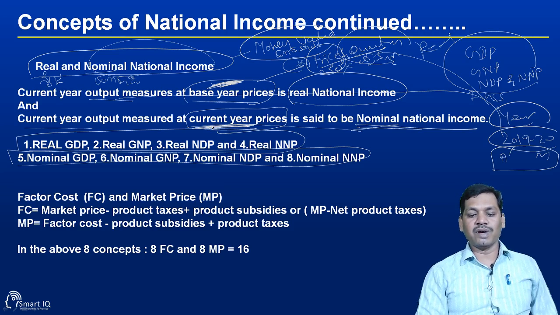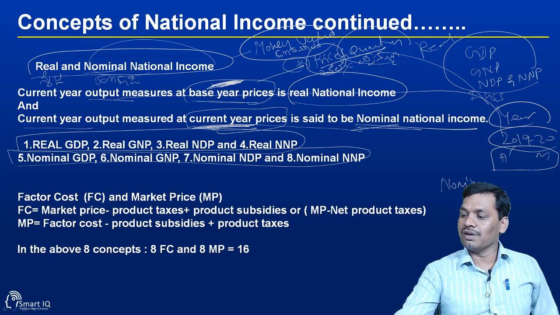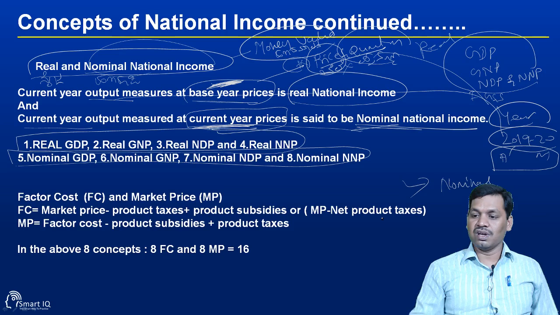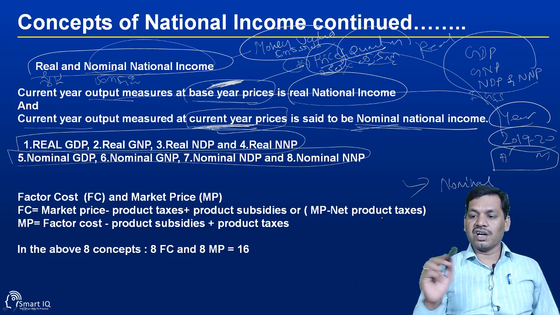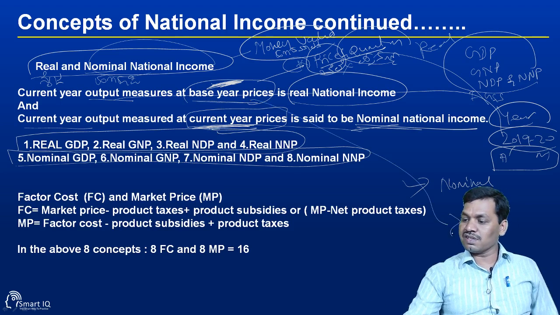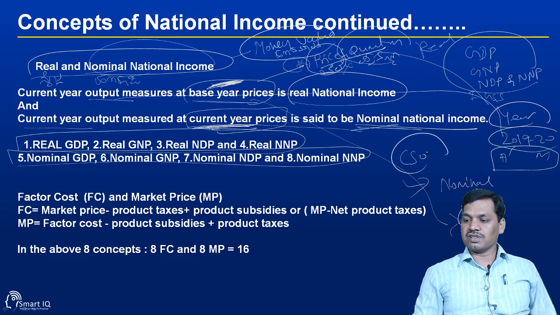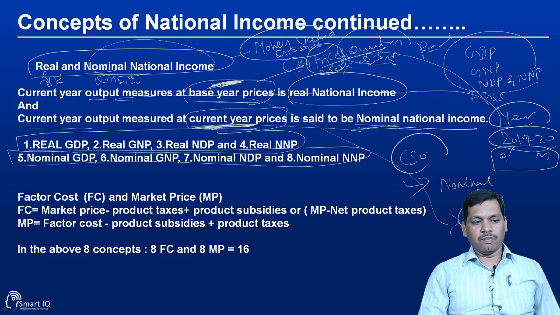Let me spend a few minutes on what exactly nominal price is. Nominal or current year price is the price prevailing in the same period, the present price. Base year prices are decided by the CSO, the agency which estimates national income, and it has the power to decide which year should be the base year.